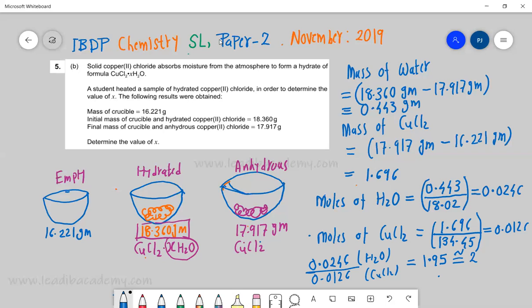So therefore we can say X is equal to 2. What does it mean? It means that the formula for that hydrated one is CuCl2.2H2O. Very, very simple. It was a good quality question. Understanding how to calculate, they had given us indirectly the mass of water and CuCl2. It was a good quality question, but very, very simple.